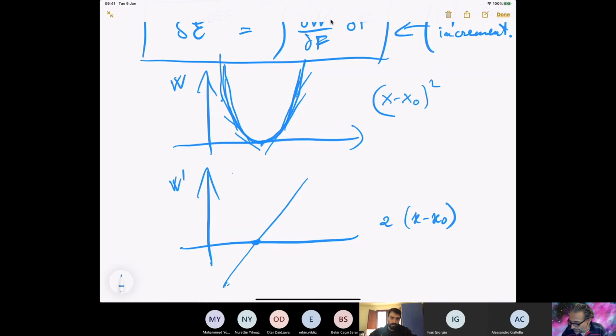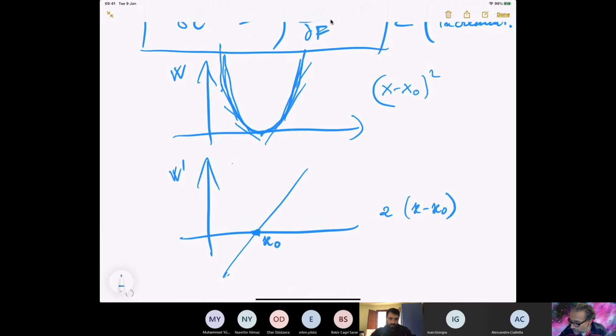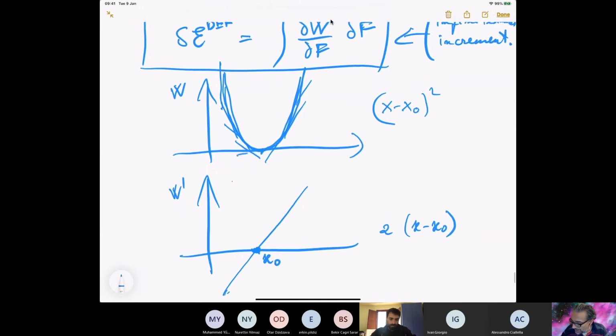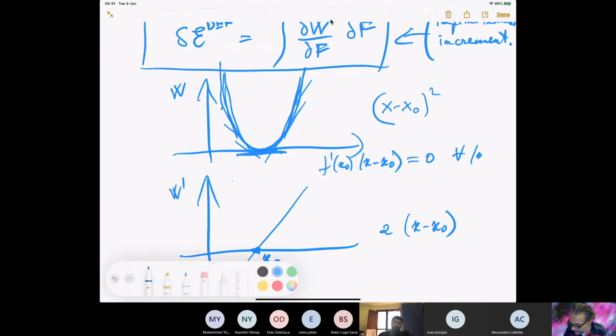Okay. And the derivative is 0 in only one point. And in the neighborhood of the minimum, you write that f prime of x0 times (x minus x0) is equal to 0 for every x. So let's call it delta x.